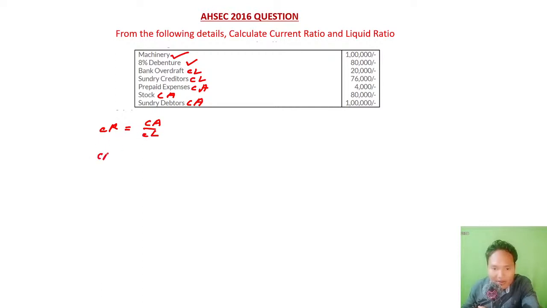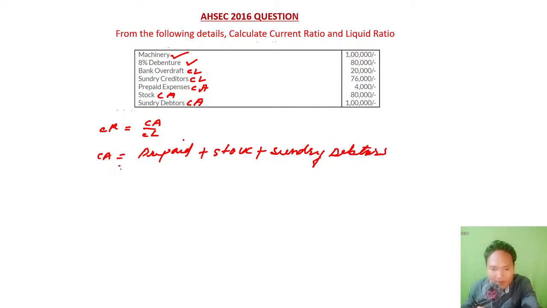Now current assets is equal to prepaid plus stock plus sundry debtors.